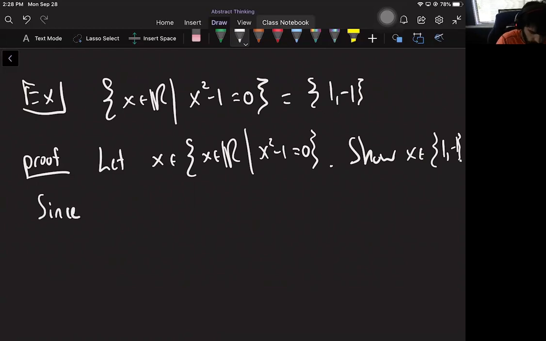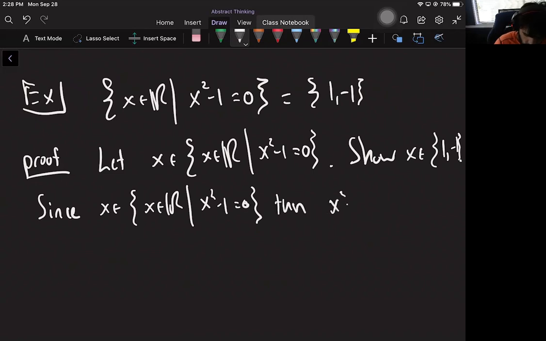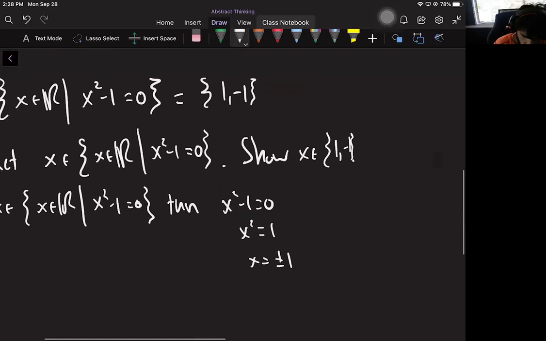Okay, so since x is in there, then you just say what that means. Since x is in here, that just means that x squared minus 1 equals 0, which means that x squared equals 1, which means that x equals plus or minus 1, which means that x is in this set consisting of 1 and negative 1.